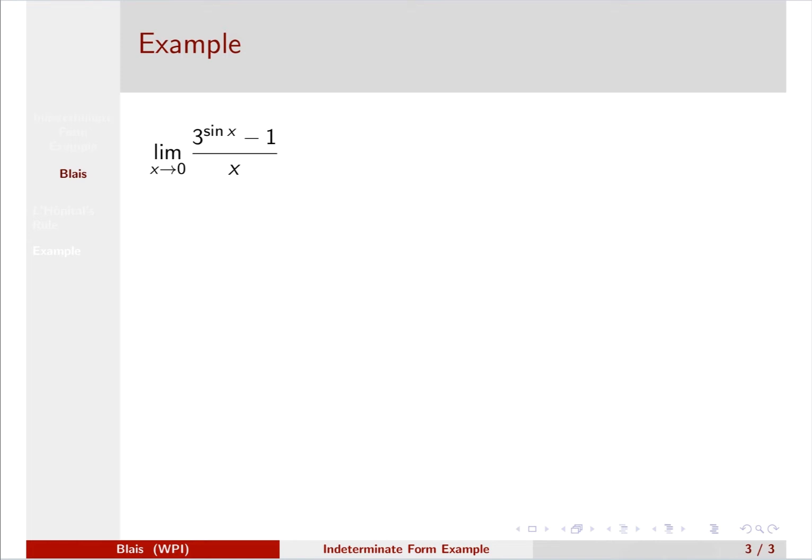Here we have an example, and if we were to directly evaluate the top and bottom, we see x is going to 0, which of course means that x in the denominator is going to 0. And then if we think of 3 to the sine of x, we know that the graph of y equals sine of x, as x is approaching 0, sine of x is approaching 0.